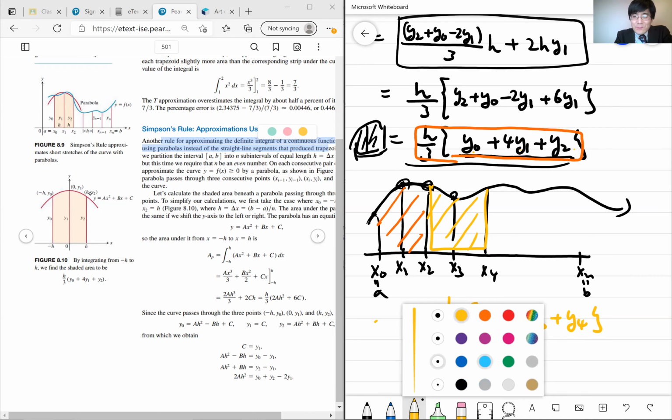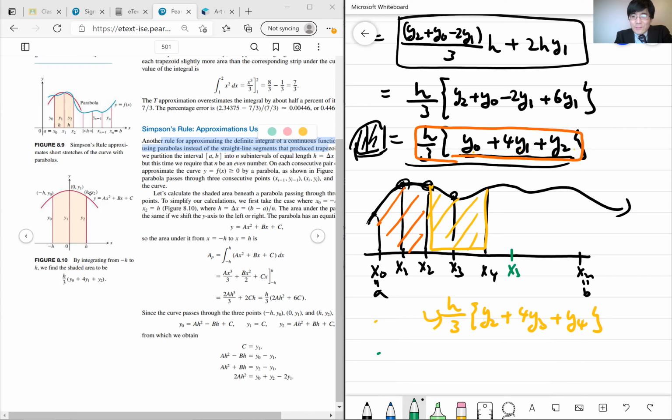You do the same thing for the next intervals. For example, x4, x5, x6: you have again 3 points, and you can draw a parabola like this. This area should be h over 3 of the first one times 1, the second one times 4, and the third one times 1.